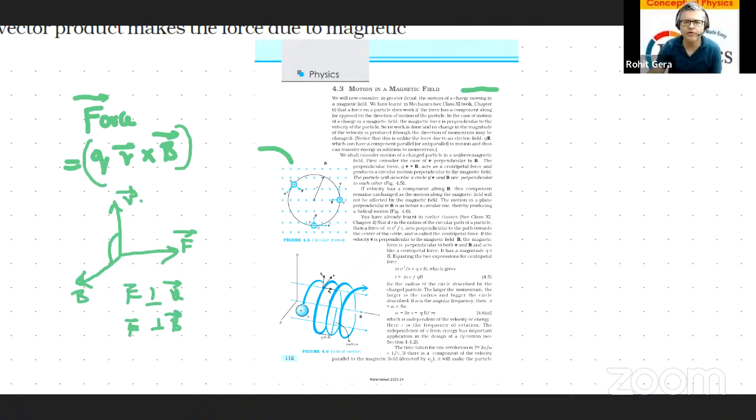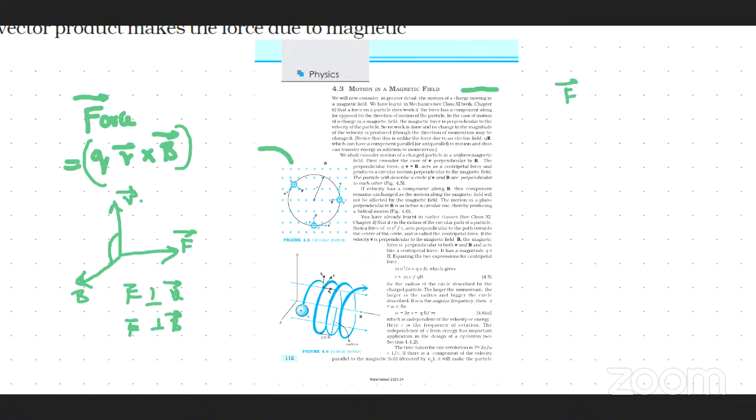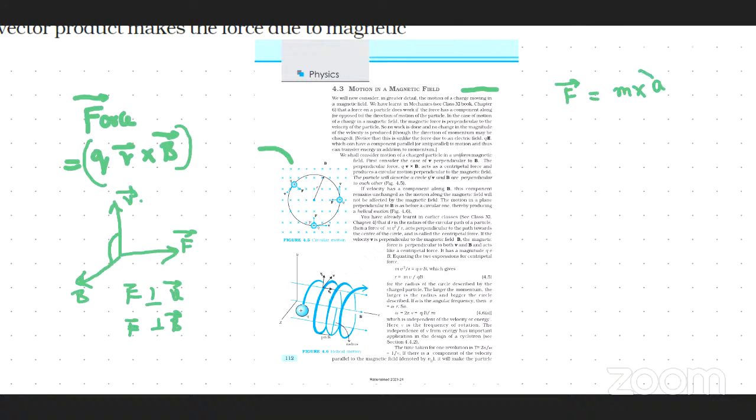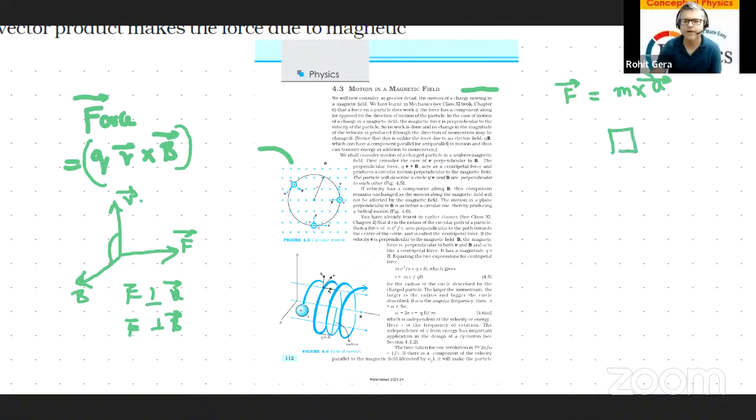Now, if you go back to chapter 3 of dynamics, Newton's law, if you apply a force on a body, it results in an acceleration. So you have a mass, you apply a force, you will get an acceleration.